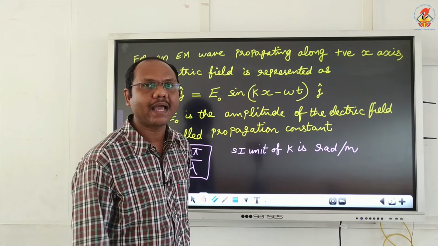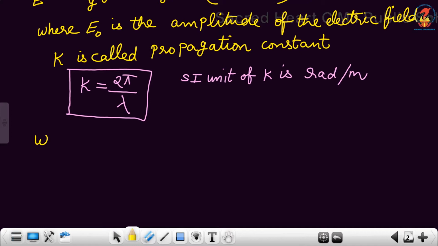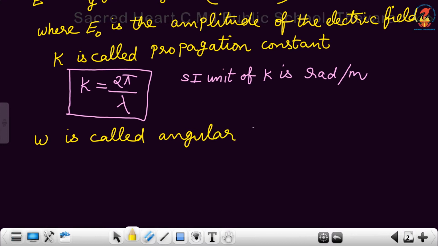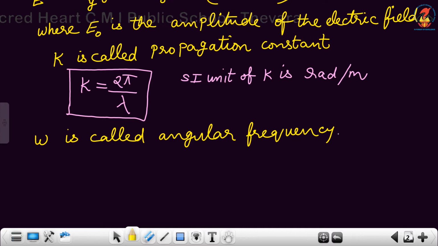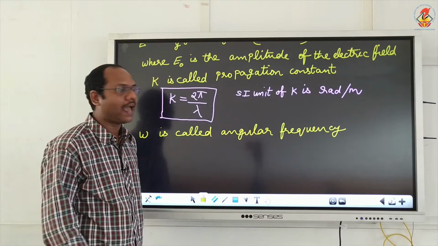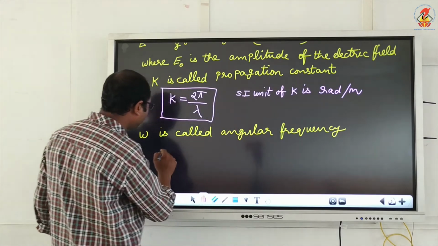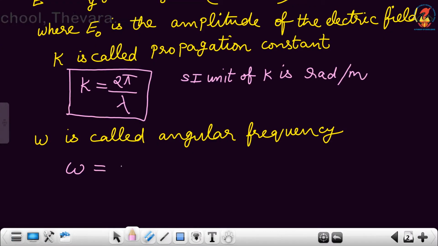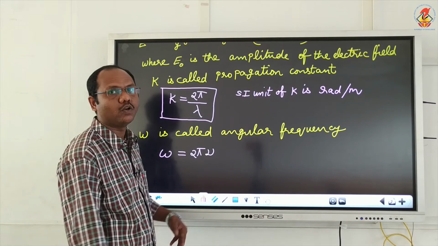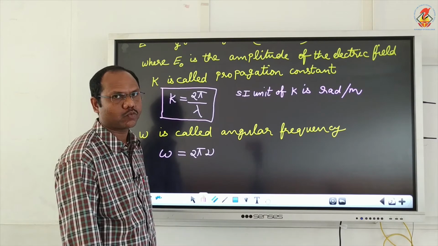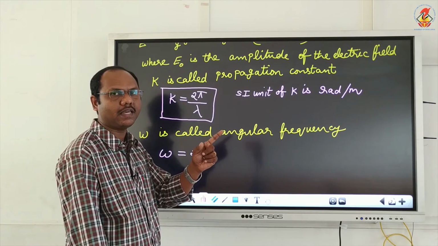Now, what is omega? Omega is called angular frequency, and its value is given as omega equals 2 pi nu, where nu is the frequency of the EM wave. Omega is the angular frequency of the EM wave.